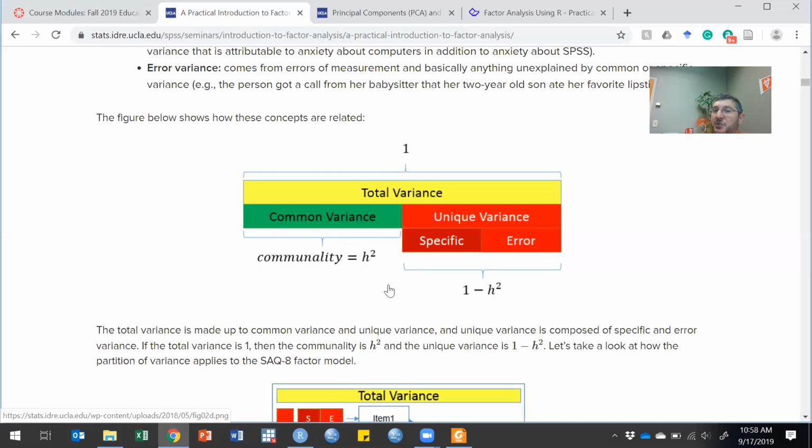It's usually noted h squared. The unique variance is sometimes denoted u squared, or it's just 1 minus h squared, the uniqueness. So in principal component analysis, we assume that all the variance in the variables is common variance. So the communalities for all the variables is 1.